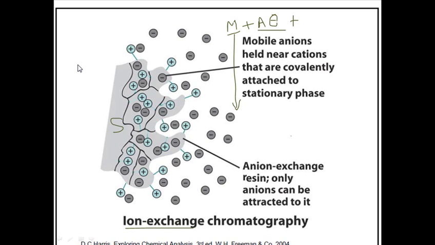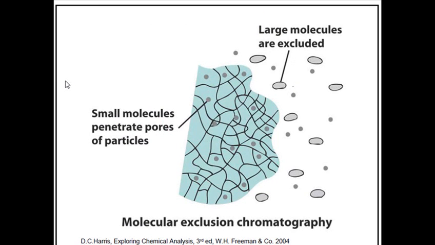In this case it is called the anion exchange chromatography, or the stationary phase molecule is called the anion exchange resin, because they are designed to take on only the anionic molecules, not the cationic molecules. That's why they call it the anion exchange chromatography. On the other hand, we can have the cation exchange chromatography. In those cases, the stationary phase molecules are designed to take only the cations.